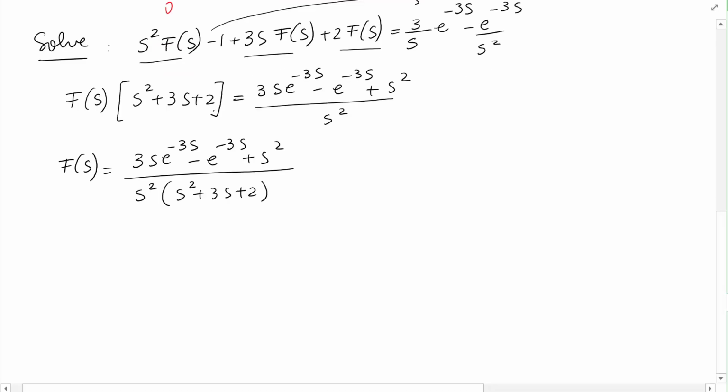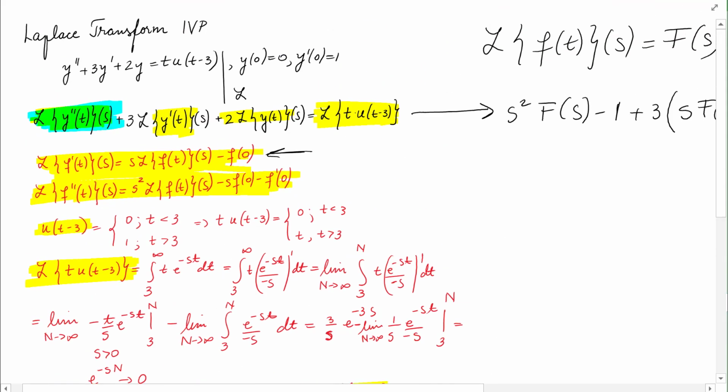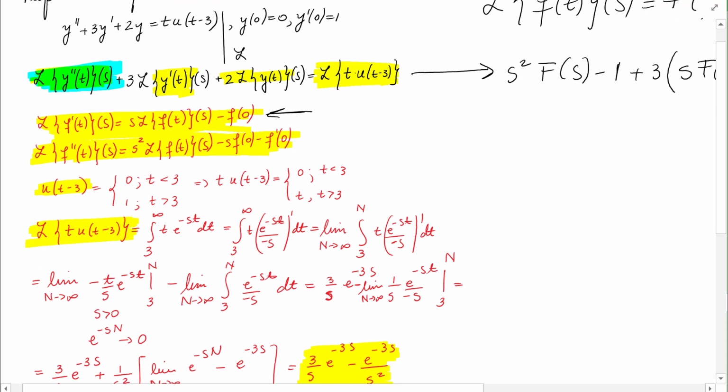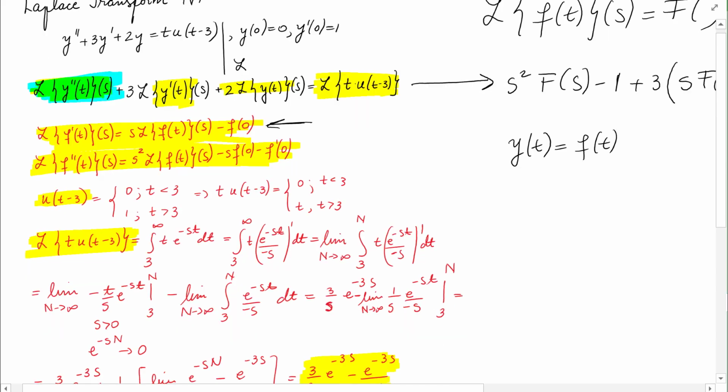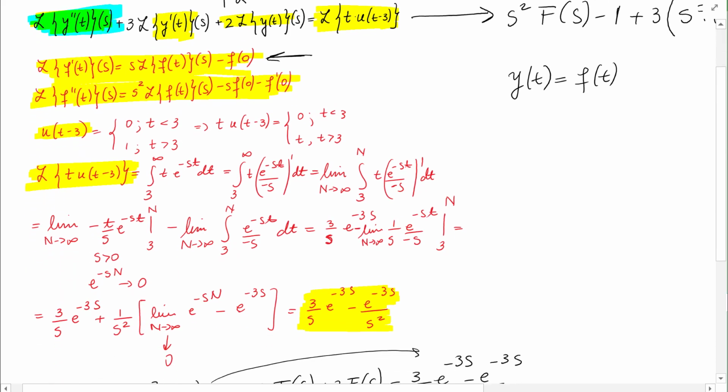So to find f of t, or in our case y of t, I actually changed my letters. Well, it should have been Y of s everywhere, but let's just make that substitution. Y of t is equal to f of t, so that will make sense how I ended up with F everywhere.